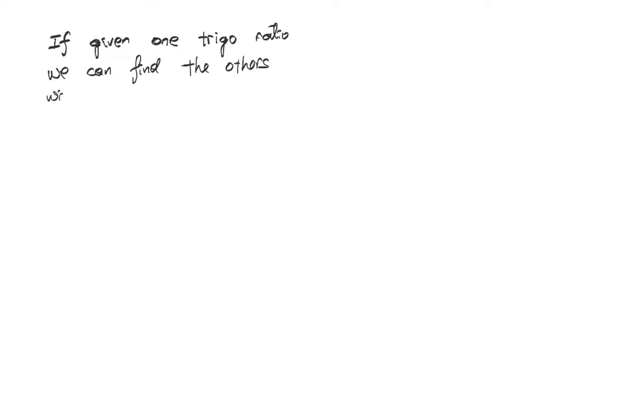Please write down in your note, say that if given one trigo ratio, we can find the others without knowing the size of the angle.